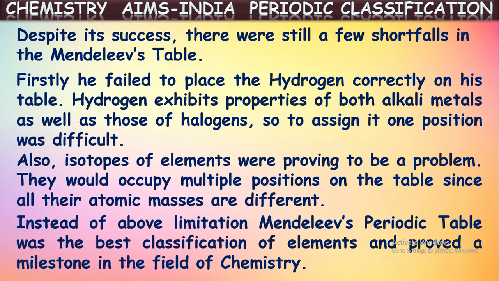The modern periodic table is classified based upon the path laid by Mendeleev's table. He gave the conclusion that there is a certain relation between the atomic mass of the elements and their properties, and he tried to arrange all the elements in the periodic table. So these are the most successful points of Mendeleev's periodic table, even though it failed.